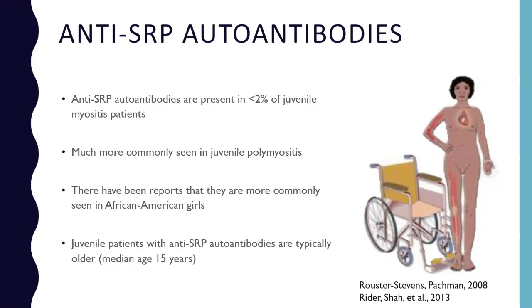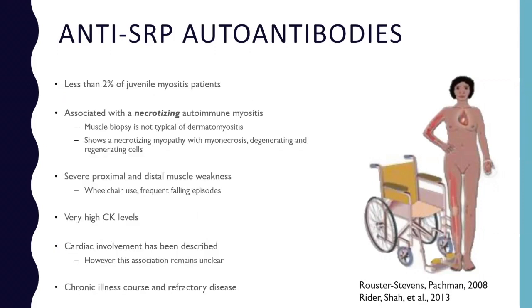Juvenile patients with anti-SRP autoantibodies are typically older, with a median age of 15 years.